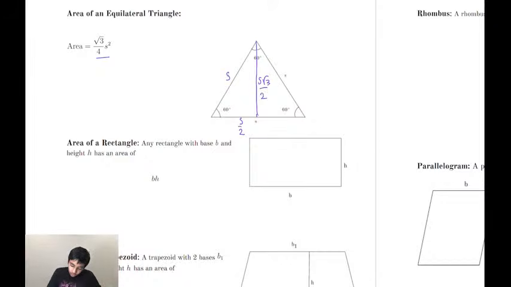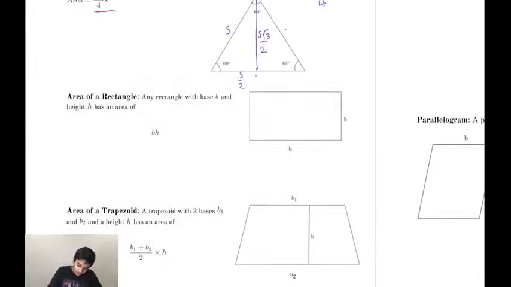The area of this whole triangle is just going to be 2 times, because there are 2 of these triangles, times 1/2 times S by 2 times S root 3 by 2. The 1/2 and 2 cancel out, and we get S squared root 3 by 4. And that's the formula for equilateral triangle area.